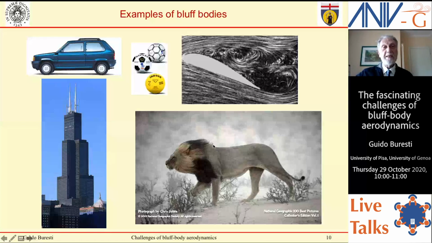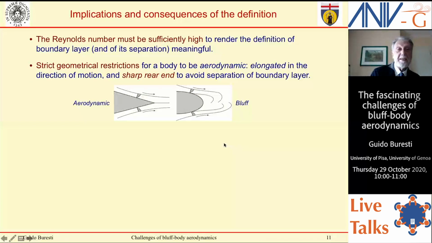So this definition has implications and consequences. The implication is that obviously the Reynolds number must be sufficiently high. And the other is that there are strict restrictions for a body to be aerodynamic. Not only must it be elongated, but it must have a sharp rear end to avoid separation of the boundary layer.